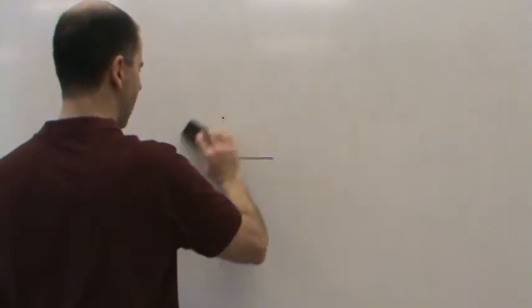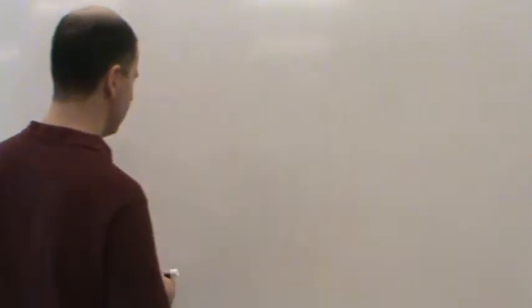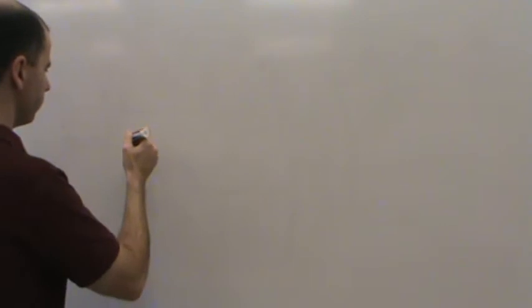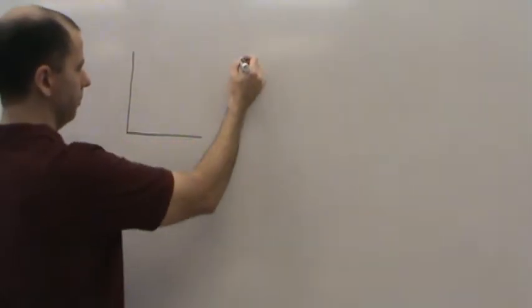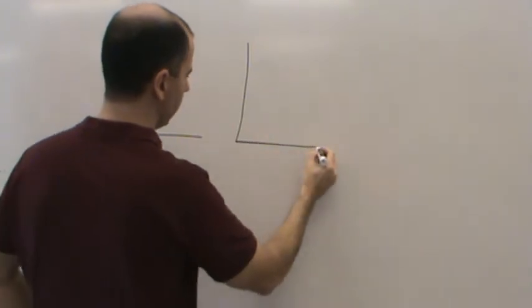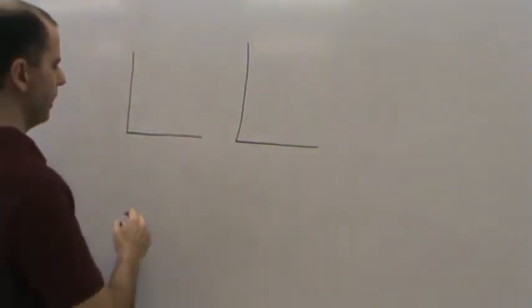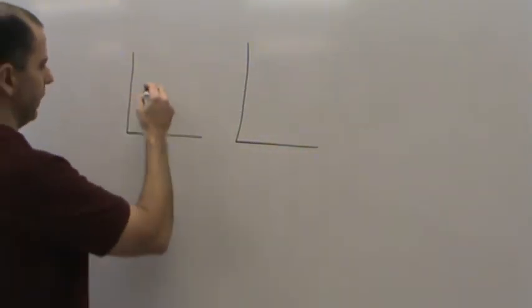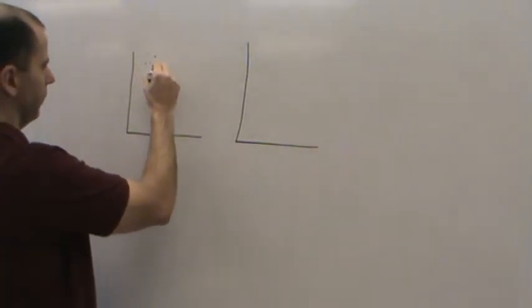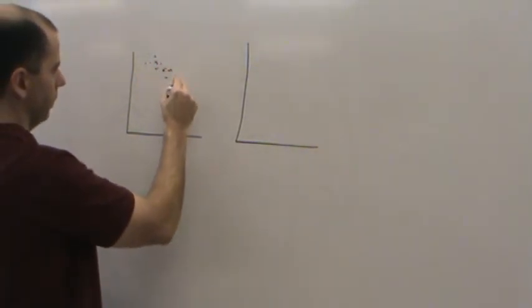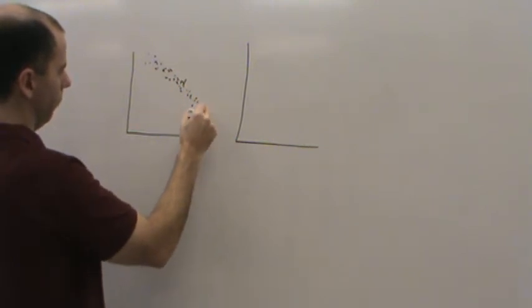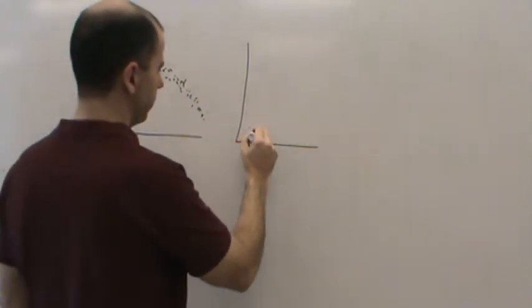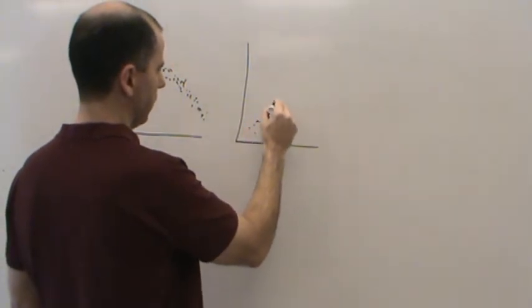When you look at a scatter plot, here are the different things that you can get. Okay, so for example, linear versus nonlinear. So linear, you're going to get something that either looks like this, right? Or you're going to get something that looks something like this, right?